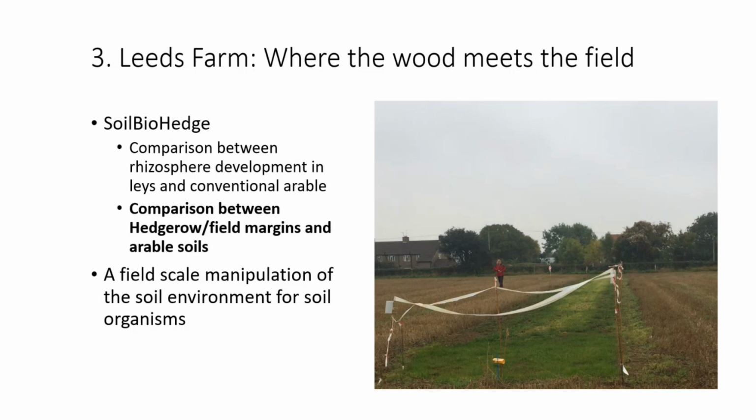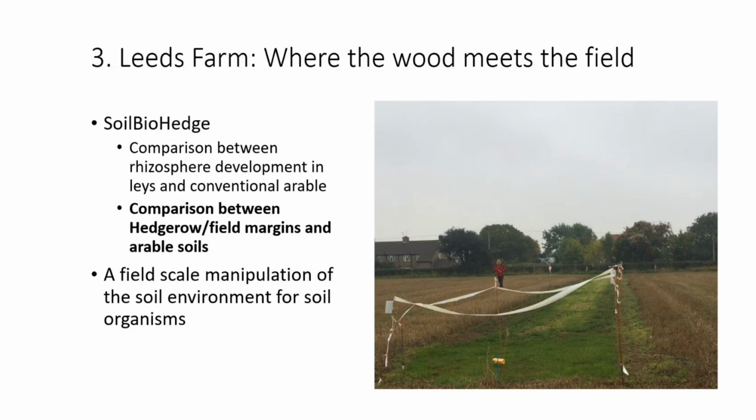And we were involved in a big consortium looking at how leys, fallows, sort of long-term fallow in agricultural systems changes soil microbiology. It's a comparison of rhizosphere development between leys and conventional arable, but also between the hedgerows and the field margins of that site.